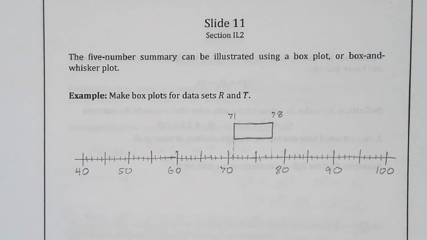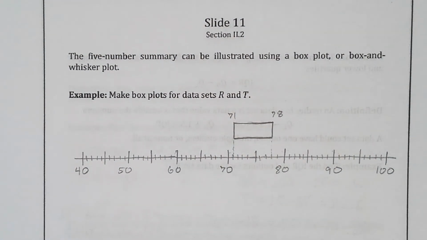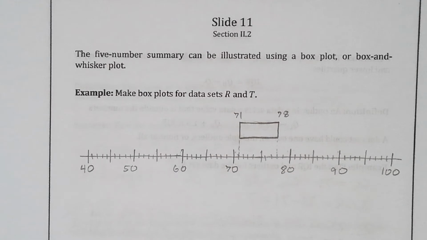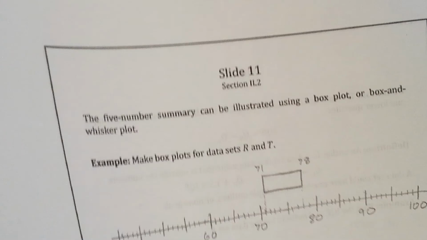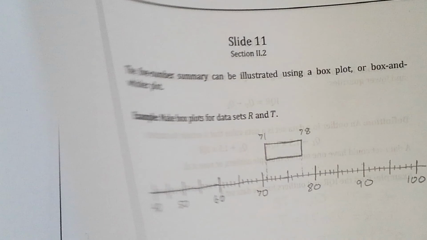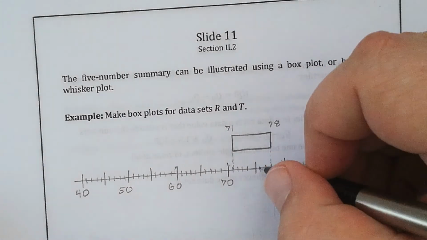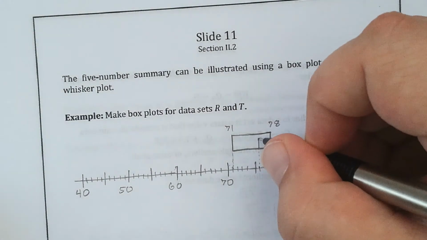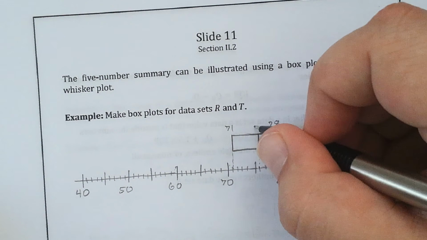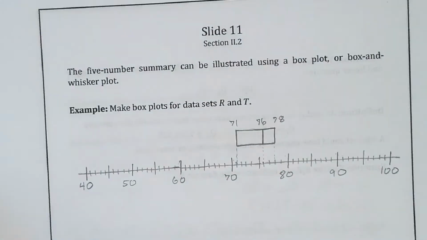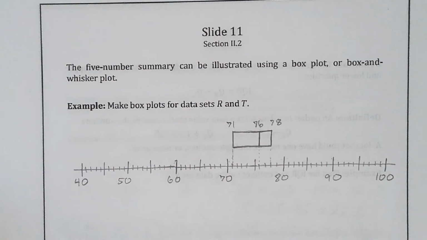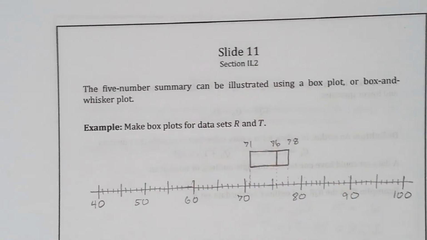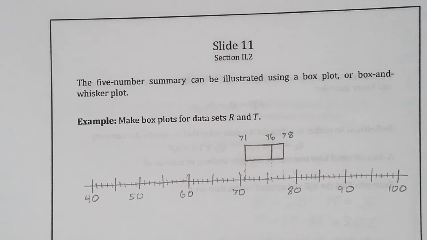And then you put a line where the median occurs. The median of R, I have to remind myself, is 76. And then you have the whiskers that extend to the extremes of the data set. So that's going to extend down to 46 and up to 92.